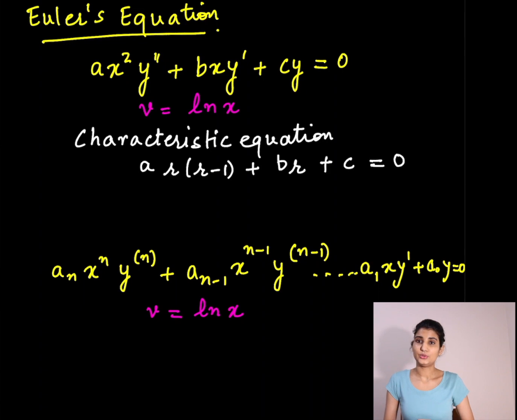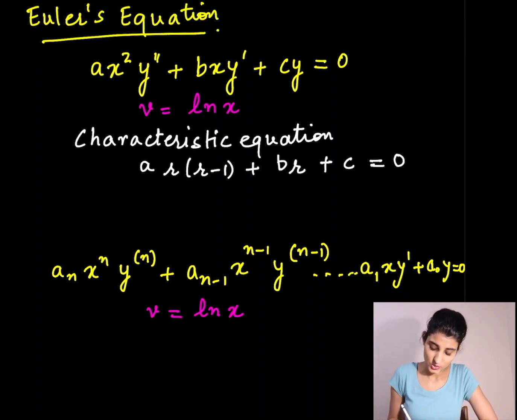The point to remember is that when you are writing this characteristic equation, your independent variable is v.